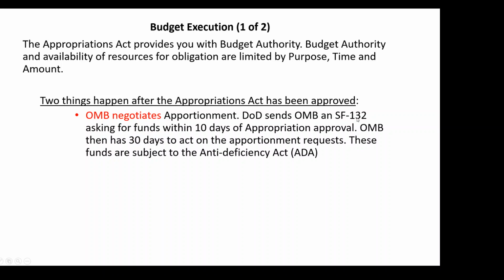This is done via an SF-132, where the agencies request their apportionment within 10 days of the appropriation law. OMB will then have 30 days to act on that apportionment request. So these funds are subject to the Anti-Deficiency Act, ADA violation.